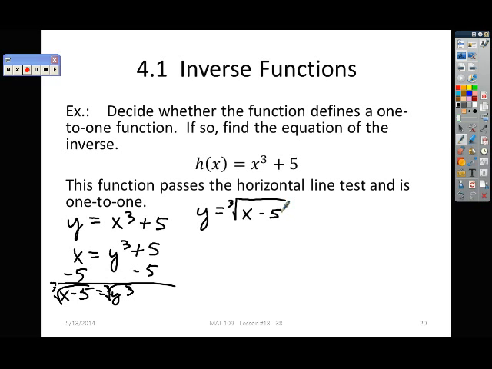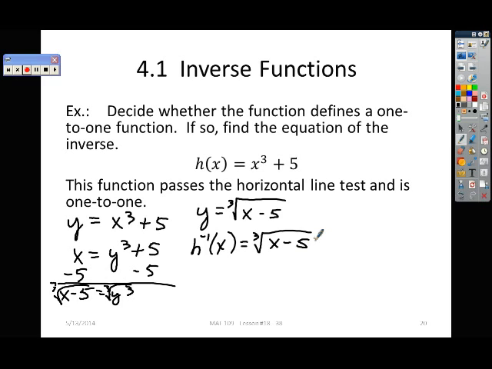Now that I have y, I put the inverse name in. So instead of y, I'm going to say h inverse of x equals the cube root of x minus 5. And that's the inverse.